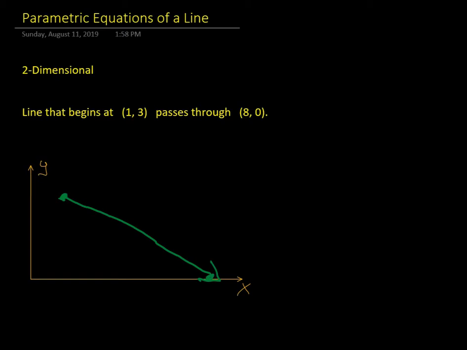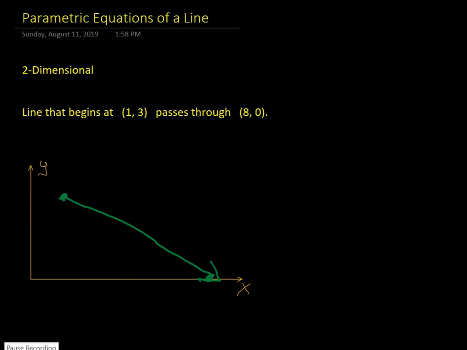In order to do this, it's like we've surgically separated our elementary algebra knowledge, and we're going to look at what happens with x: where does it start, and where does it go? What happens with the y value: where does it start, which way does it go? As we add other dimensions, we can add other components to our parametric equations.